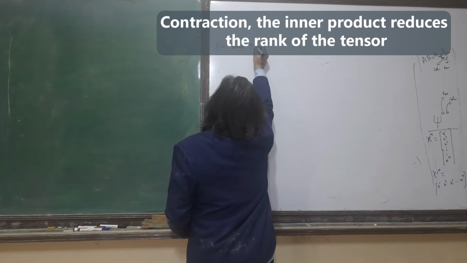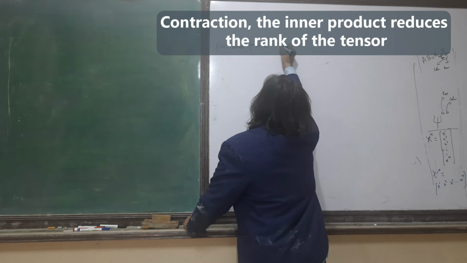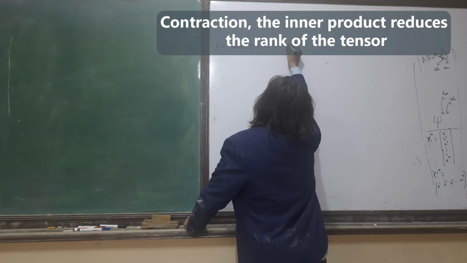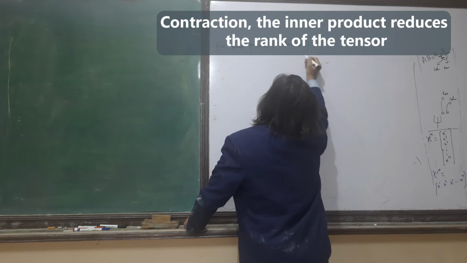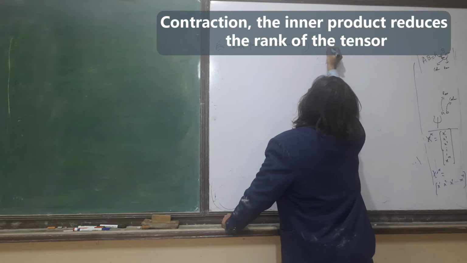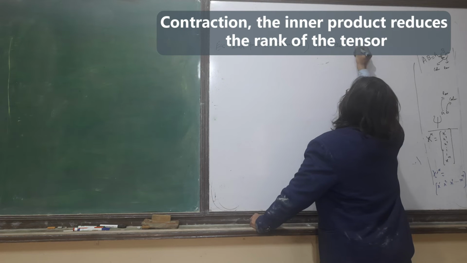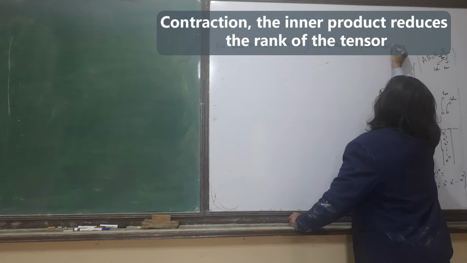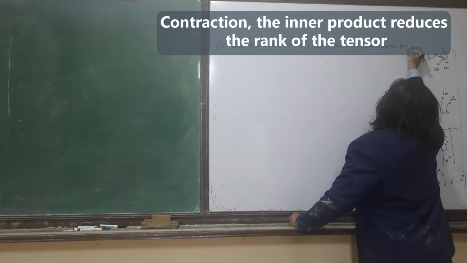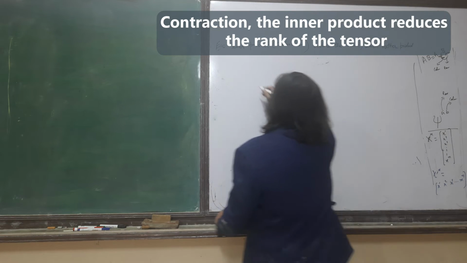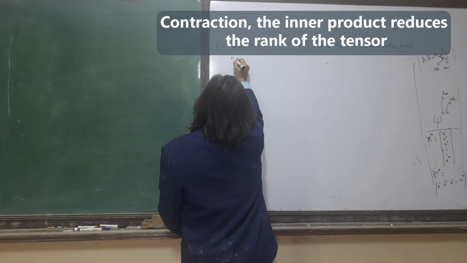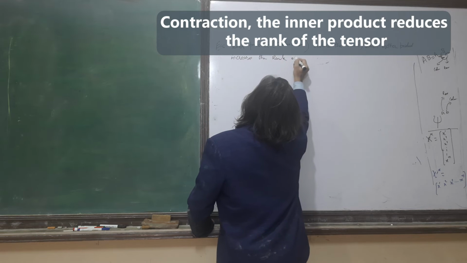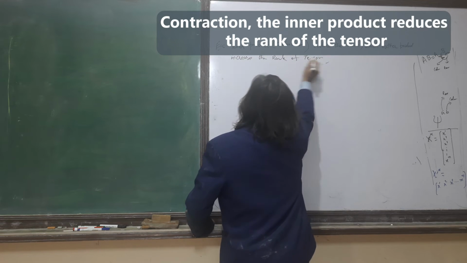Inner product or contraction reduces the rank, while outer product increases the rank of the tensor.